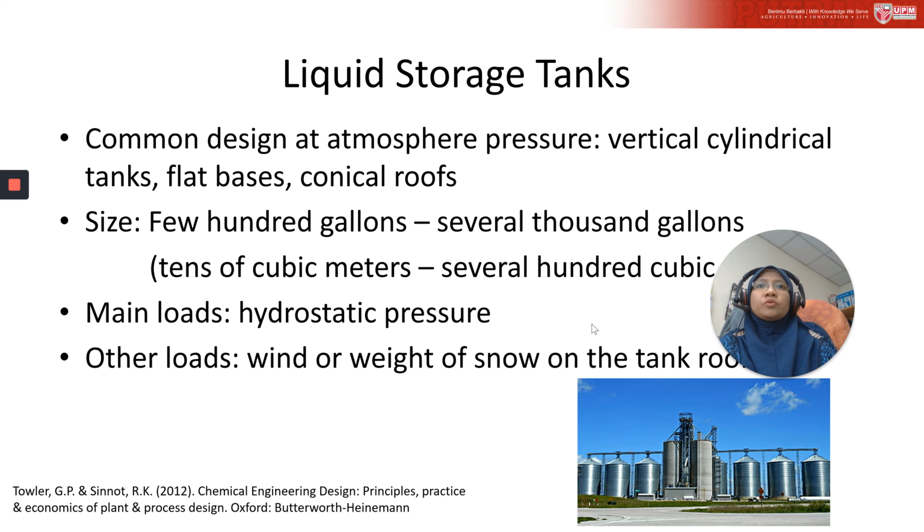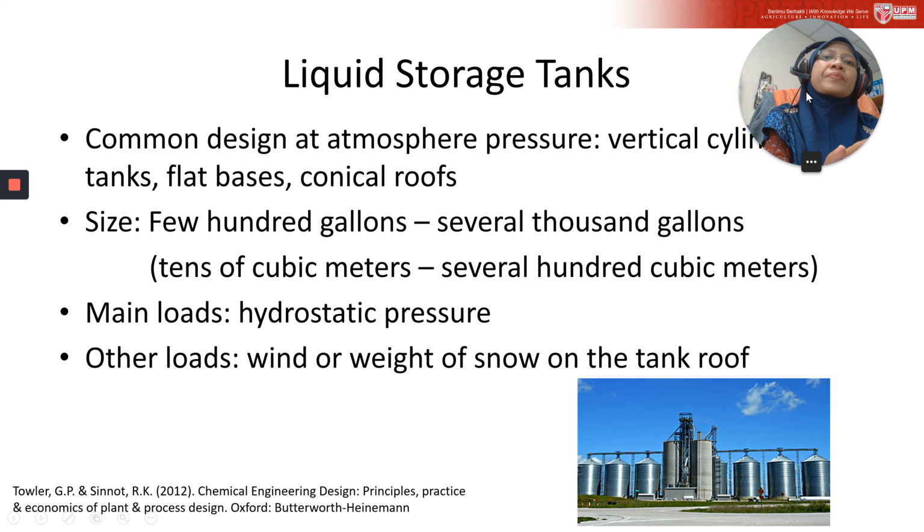Then now let's look at liquid storage tanks. For common design at atmospheric pressure, vertical cylindrical tanks will be considered, with a flat base and conical roof. The tank size may vary from tens of cubic meters to several hundreds of cubic meters.